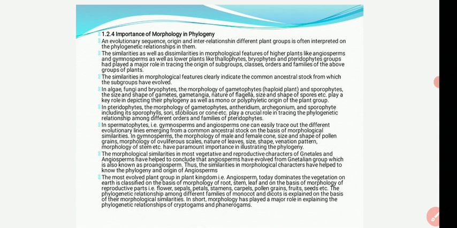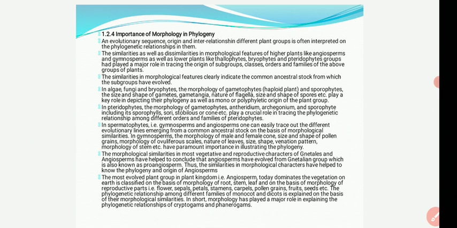So, the similarities as well as the dissimilarities in morphological features of higher plants like angiosperm and gymnosperm, as well as lower plants like thallophytes, bryophytes, pteridophytes group, have played a major role in tracing the origin of subgroups, classes, orders and families of the above groups of plants. The similarities in morphological features clearly indicate the common ancestral stock from which the subgroups have evolved.